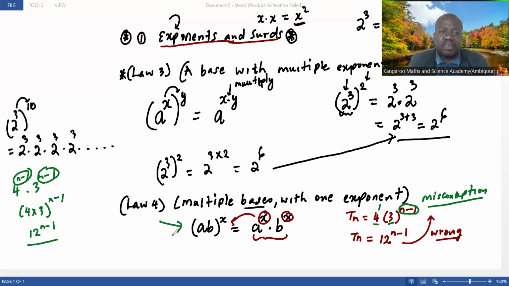I'm just addressing some of the misconceptions that I actually encounter, particularly when I'm marking scripts. These are the things that most learners do. And obviously, it becomes a problem because if a learner continues with this approach, the answers will be wrong. So it's very important to learn exponents and understand them.